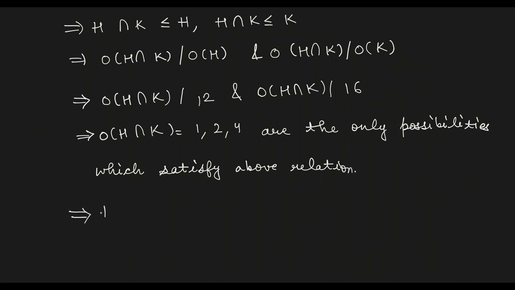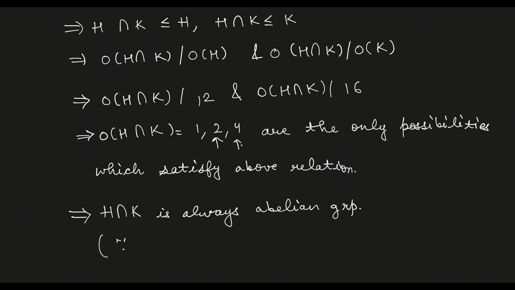So H intersection K is always an abelian group, because we know that every group of prime order is cyclic and hence abelian.